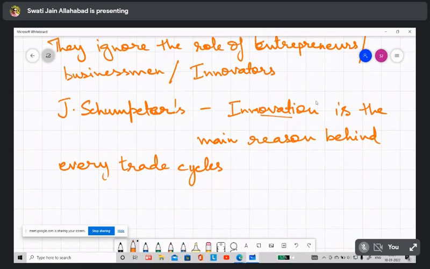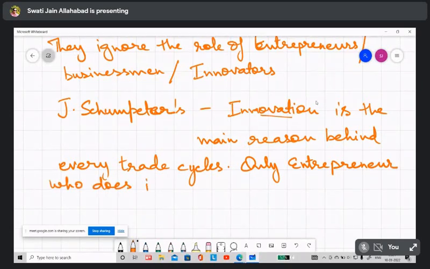Okay, now only entrepreneurs do innovation. According to Schumpeter, it is only the entrepreneur who does innovation. So the entrepreneur, in order to do the innovation, needs investment, needs money, and that will be provided by the bank.